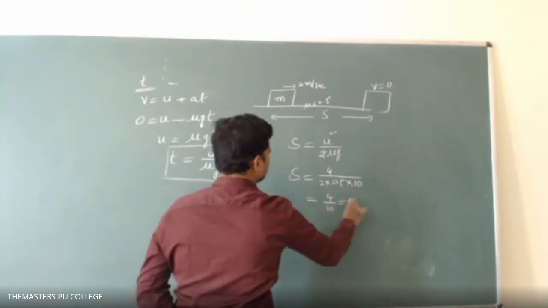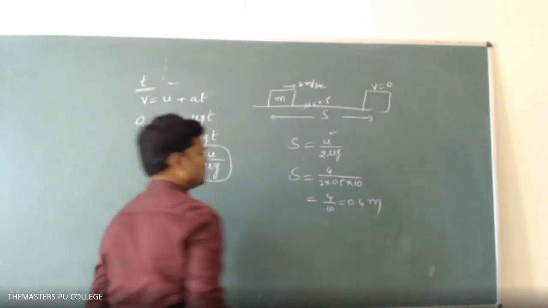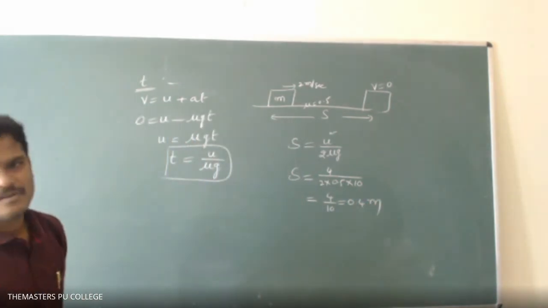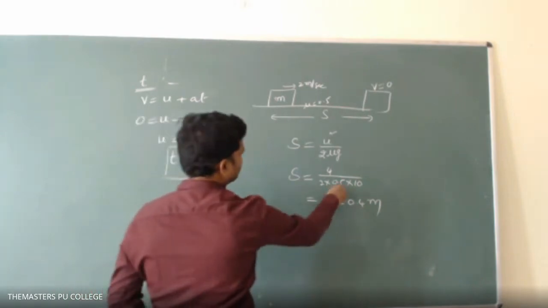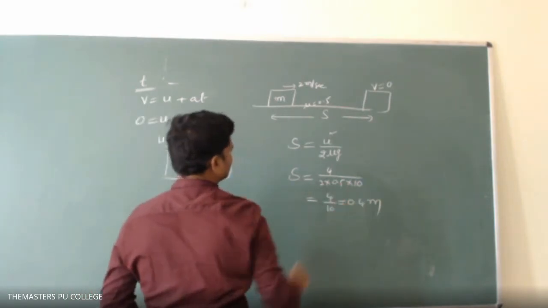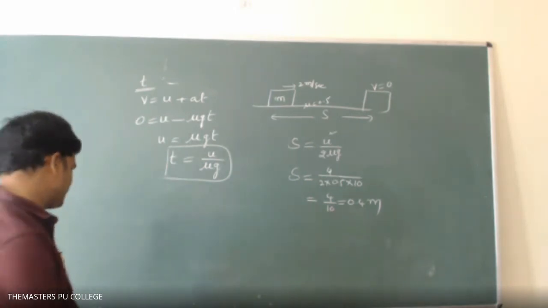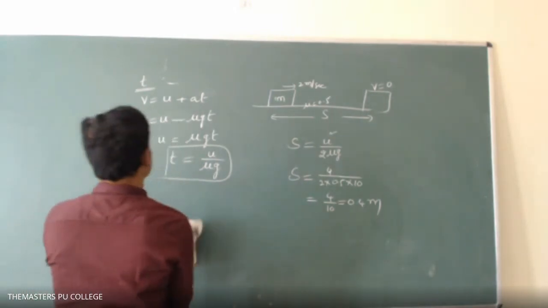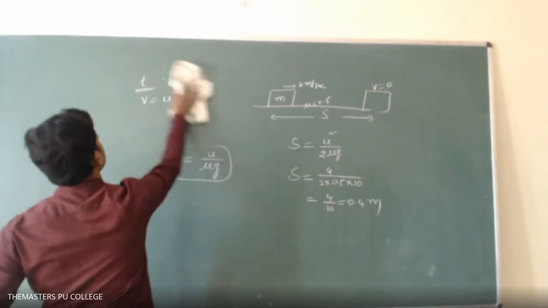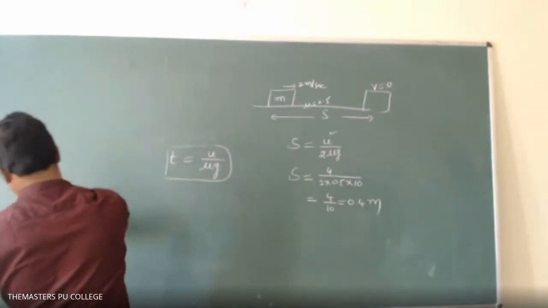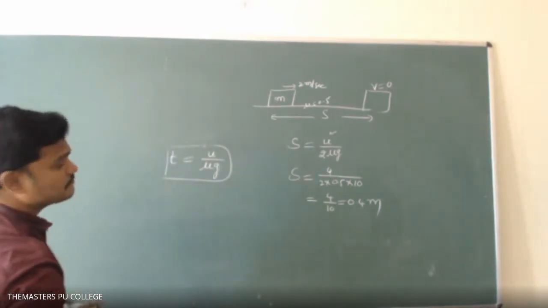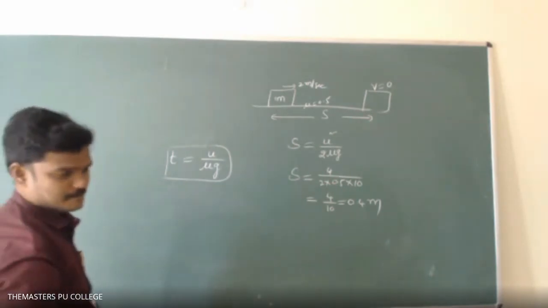How much is it now? 0.4. 0.5 means 1 by 2, the 2 cancels. 10, 4 by 10, 0.4. Got the 0.4? Check the calculations. Simple things, because I gave easy numbers.